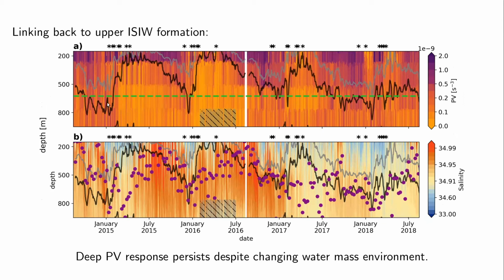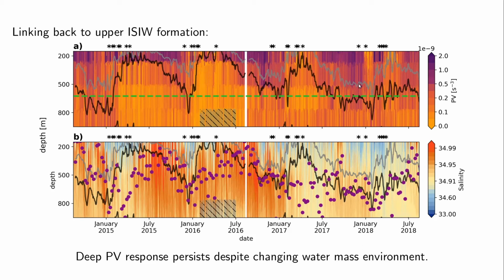Interestingly, I should probably explain what this plot is showing first. But the bottom line is that this process does appear linked with the formation of upper Izzy water in the first half of the record, but in the second half of the record, it's not directly forming that same water mass if you use the same density contours, but is still definitely active.